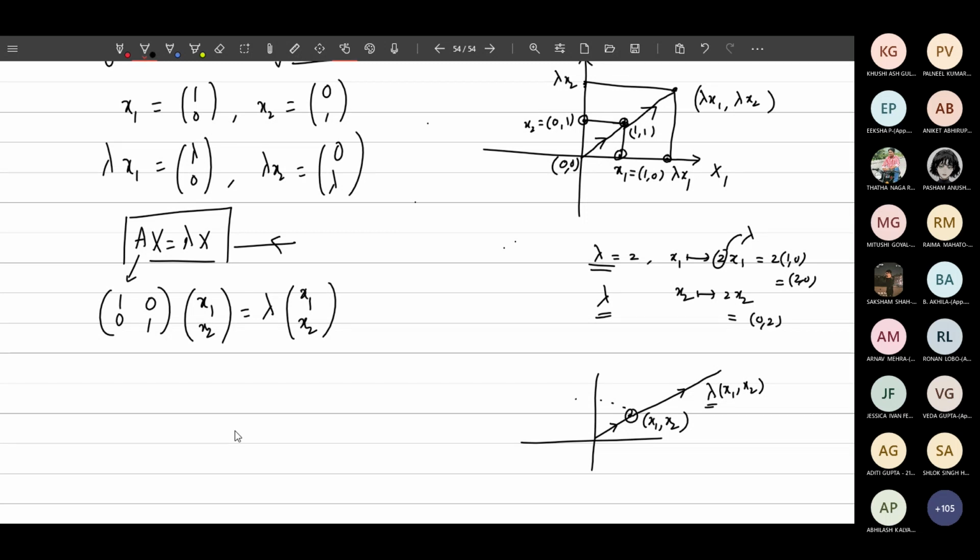In that case, the lambda we call the eigenvalue, and the vector you are taking, x1, x2, we call the eigenvector. So in this case, Ax equal to lambda x: this x we call the eigenvector, that is, if there is a matrix A satisfying that, and this value we call the eigenvalue.